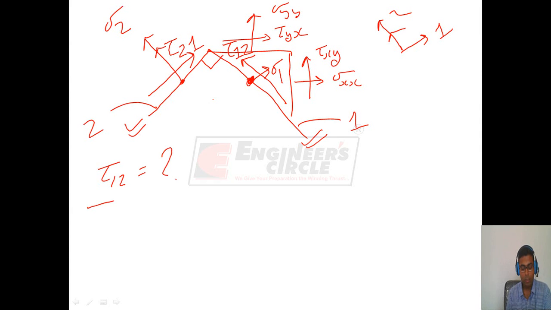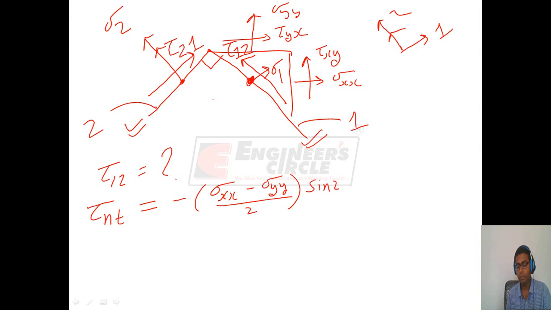We have learned that at a point shear stress on any plane is given by tau n t equal to minus sigma xx minus sigma yy by 2 into sine 2 theta plus tau xy cos 2 theta. So if we want to find the values of shear stress on principal planes, we have to put the angle that the principal plane makes with the vertical plane. That is, we have to put theta p.